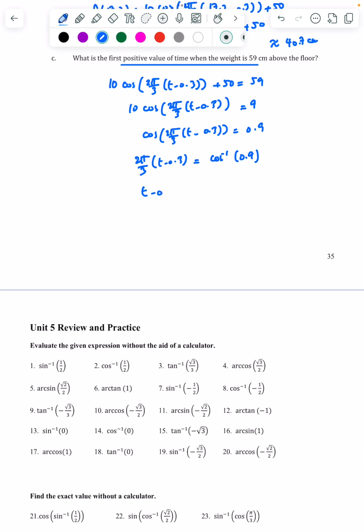Then t minus 0.3 is 3 over 2 pi times inverse cos of 0.9, and t is 3 over 2 pi times inverse cos of 0.9 plus 0.3. You can check what that answer is by plugging it in the calculator.